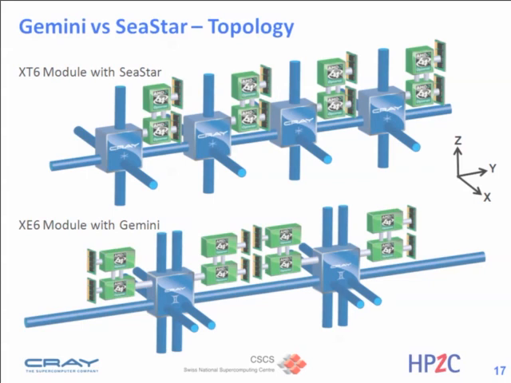And also another communication in the y dimension is built within these two nodes, in the hardware in the node itself. I'm showing this because the two machines at CSCS are built with these two different interconnects. Rosa is an XT machine and has the SeaStar interconnect. Palu is an XE6 machine and has the Gemini interconnect.